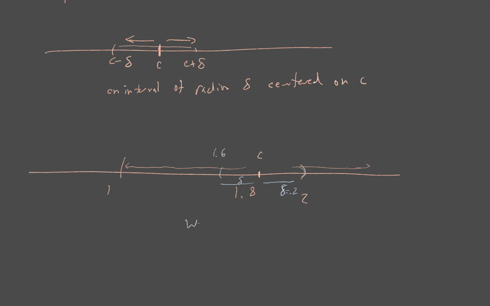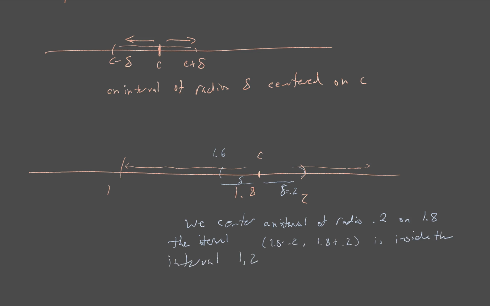And so if we center an interval of radius 0.2 on 1.8, the interval 1.8 minus 0.2, comma, 1.8 plus 0.2 is inside the interval 1, 2.